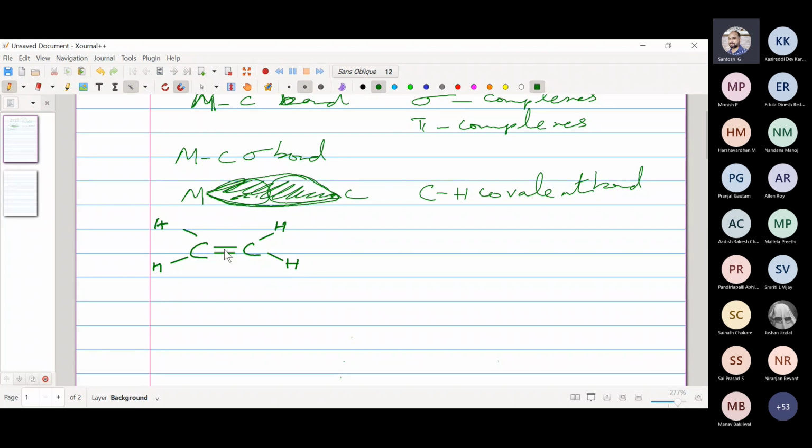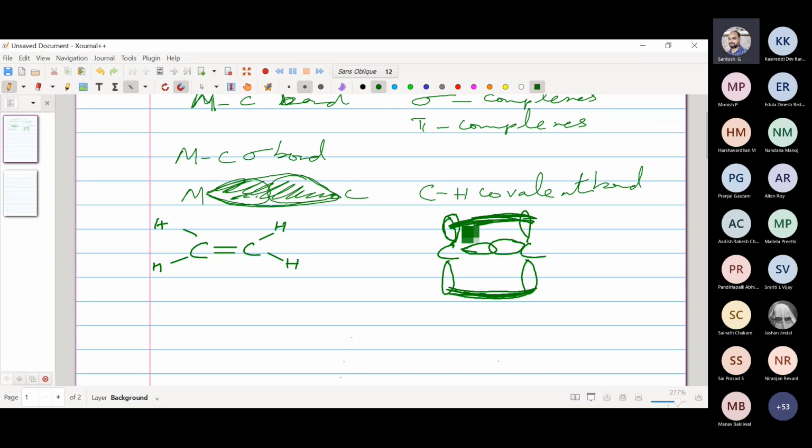So this double bond is formed by the head-on overlap of the sp3 hybridized orbitals, which forms the sigma bond, and then you have the pure p orbitals on the carbons. So those which are having the same symmetry will overlap in a sideways or a lateral fashion. This is what you have studied in your lower classes.